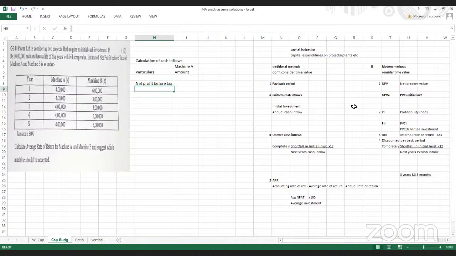So from net profit before tax, first we have to deduct tax. So I'll write less tax. Okay, we get net profit after tax.